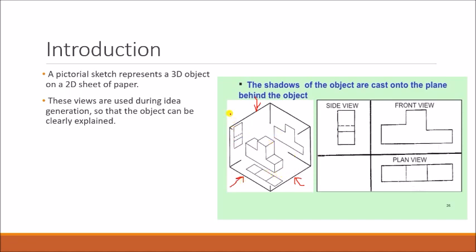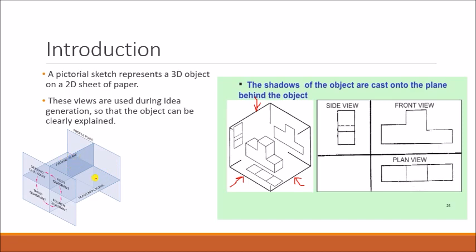If you want a left view, that left view is drawn on the right side here. Here is an example of those planes. This is your vertical plane, this is your horizontal plane, this is your right plane, this is your left plane. The vertical plane is kept as it is, and on it we draw our front view. Same way, the horizontal plane is opened downward. When you open it, it will be like this.